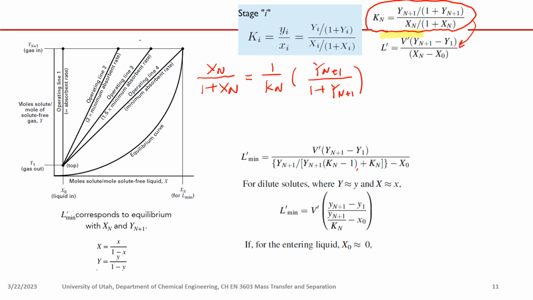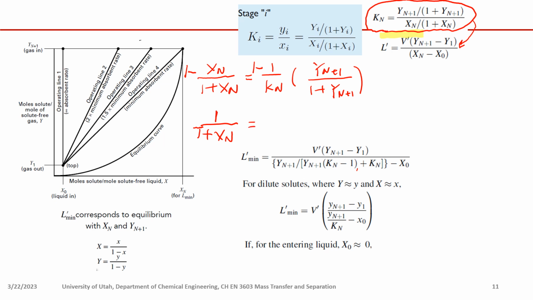Now on the left hand side we do 1 minus this term, and on the right, 1 minus this term. On the left we will have 1 plus xn in the numerator, minus xn, which gives you 1.